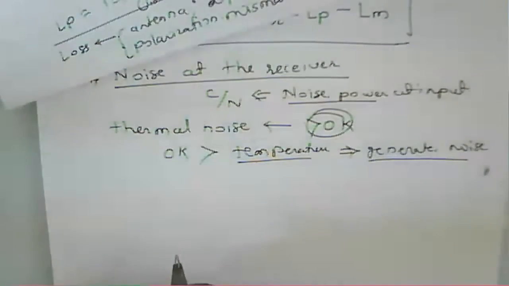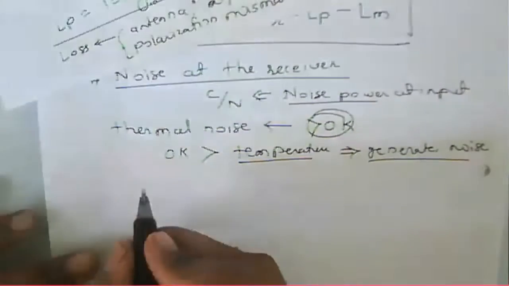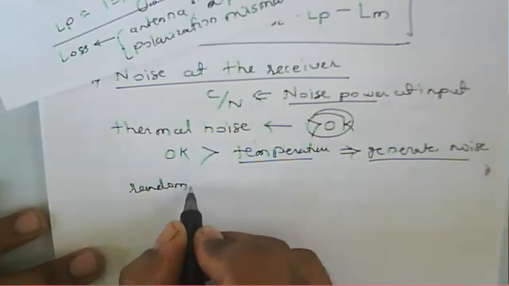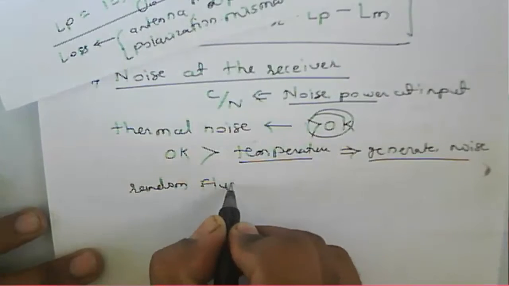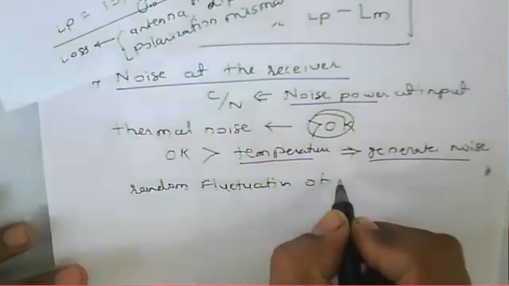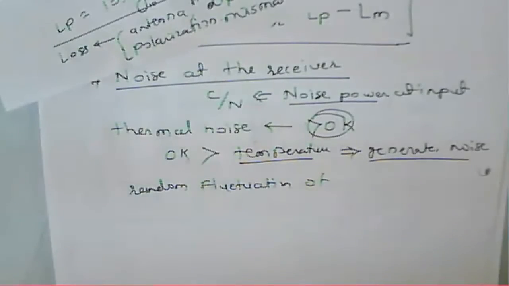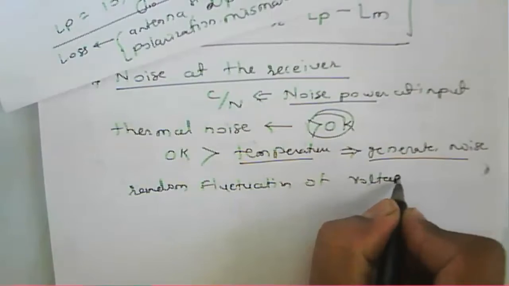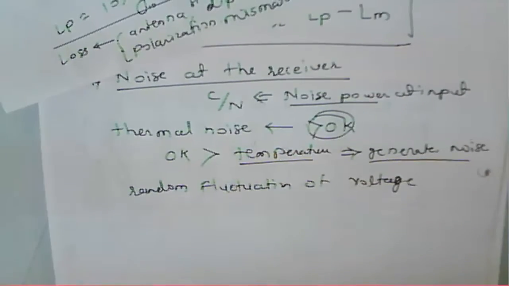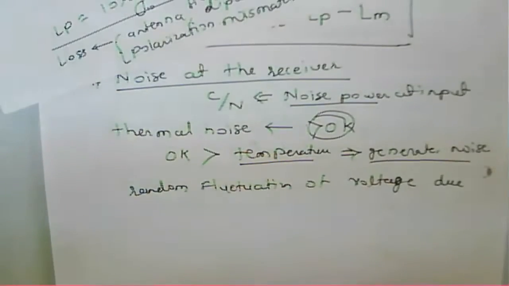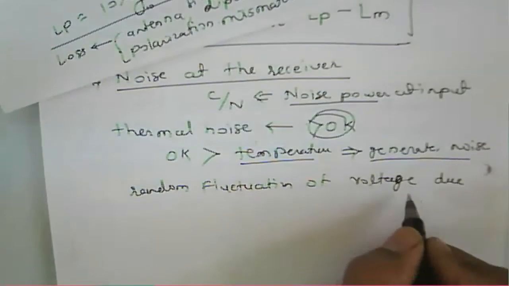Generally, noise is nothing but a random fluctuation of the electronic components, or random fluctuations of the voltage or current, and that is due to the variation in the electrons, or because of the variation in the temperature.